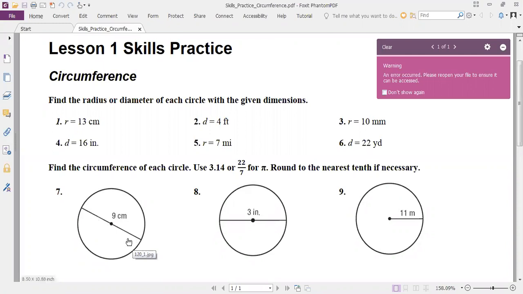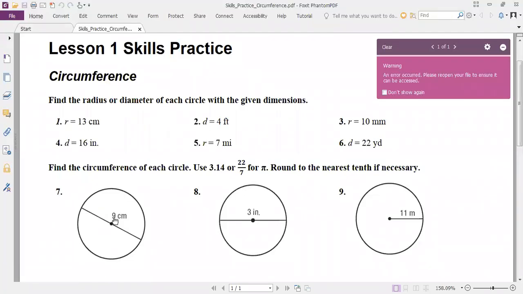Write with me in your notebook. Pi, I will multiply it by this 9. Put pi as 3.14. So we will multiply 9 by 3.14. Multiply 9 with your calculator by 3.14 and tell me the answer.